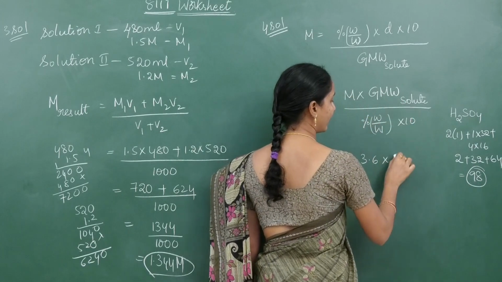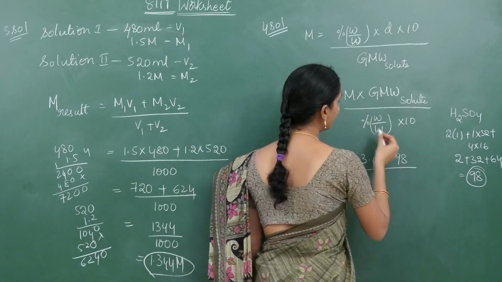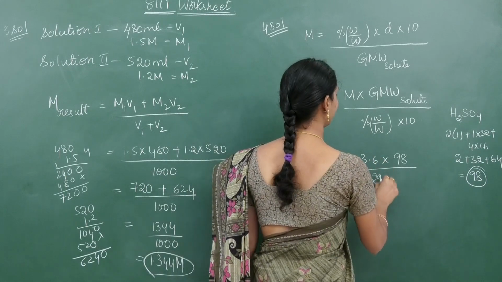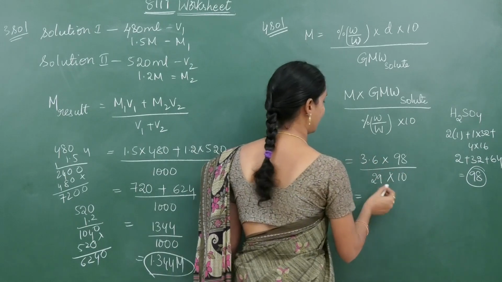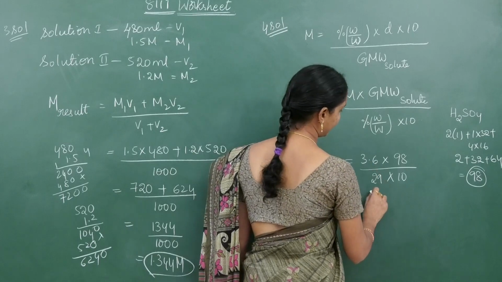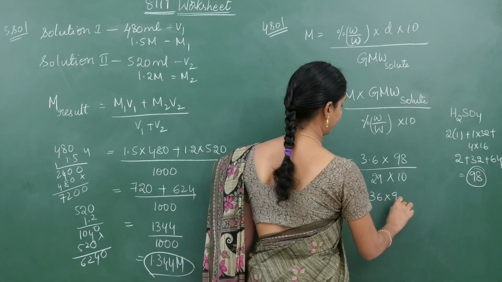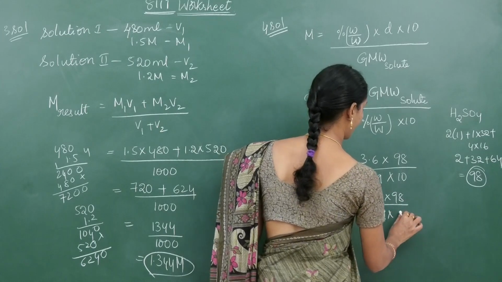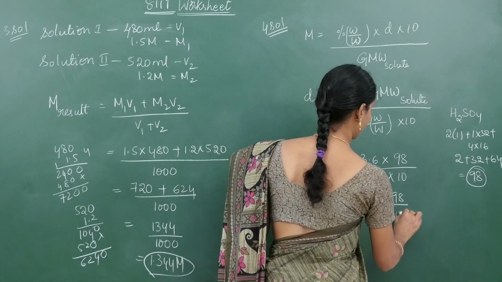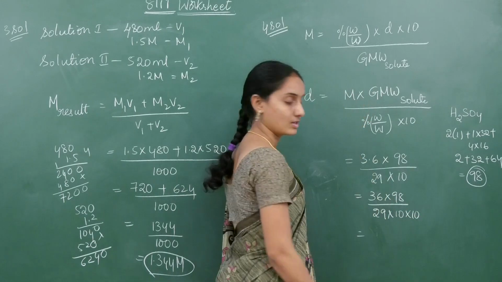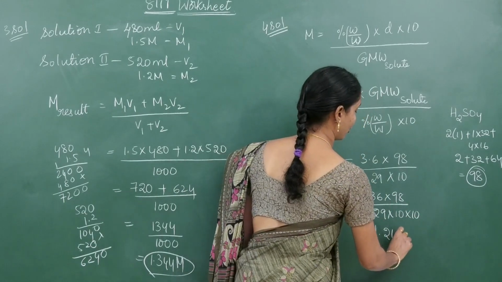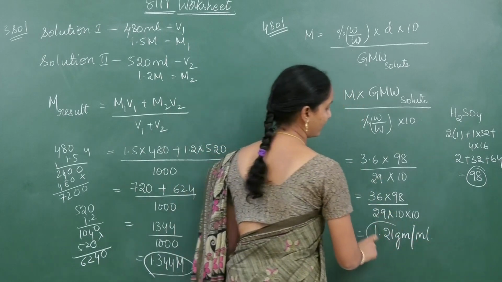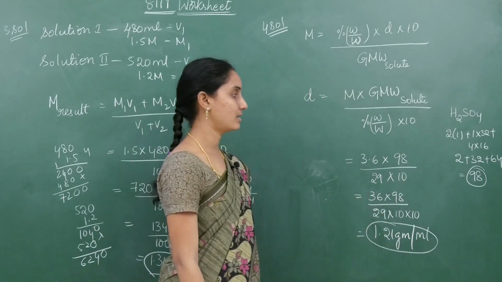So here you have to take 98 upon weight by weight percentage is given as 29 into 10. So 3.6 into 98 divided by 29 into 10. If you calculate this, you will get 1.21 gram per ml.